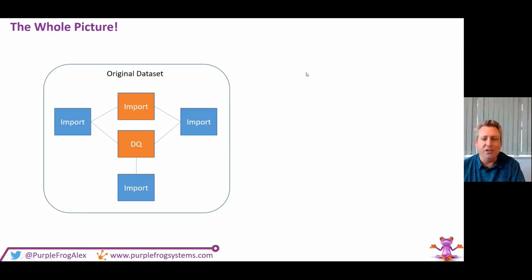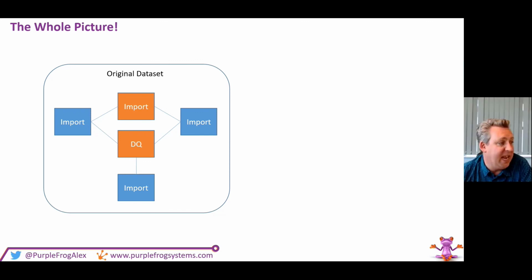Right, let's crack on. So let's have a look at the whole picture of what we created today. Well, the original data set was a composite model of both DQ tables and imported tables side by side, acting as one table together, where Power BI automatically switches between them to give you the best performance possible over that table.